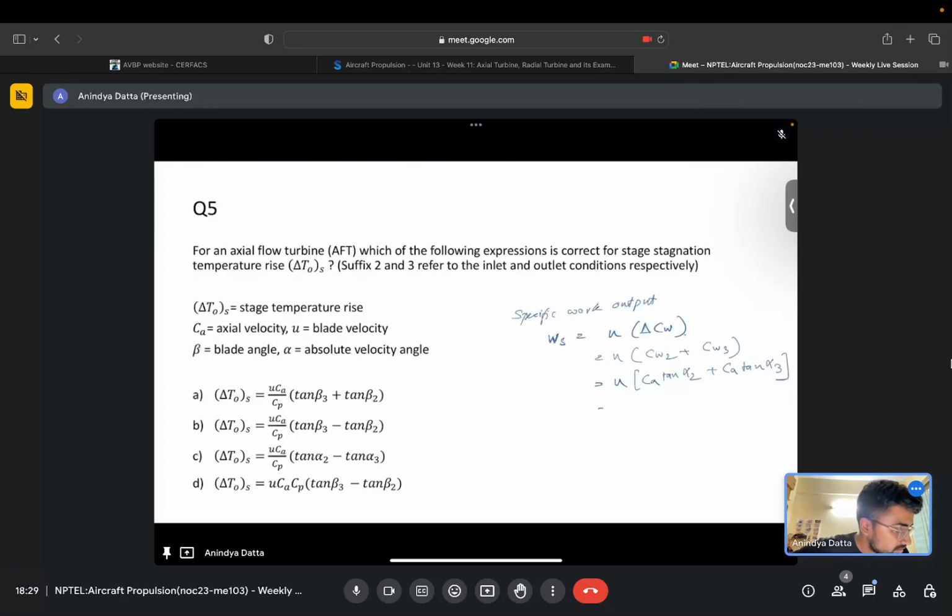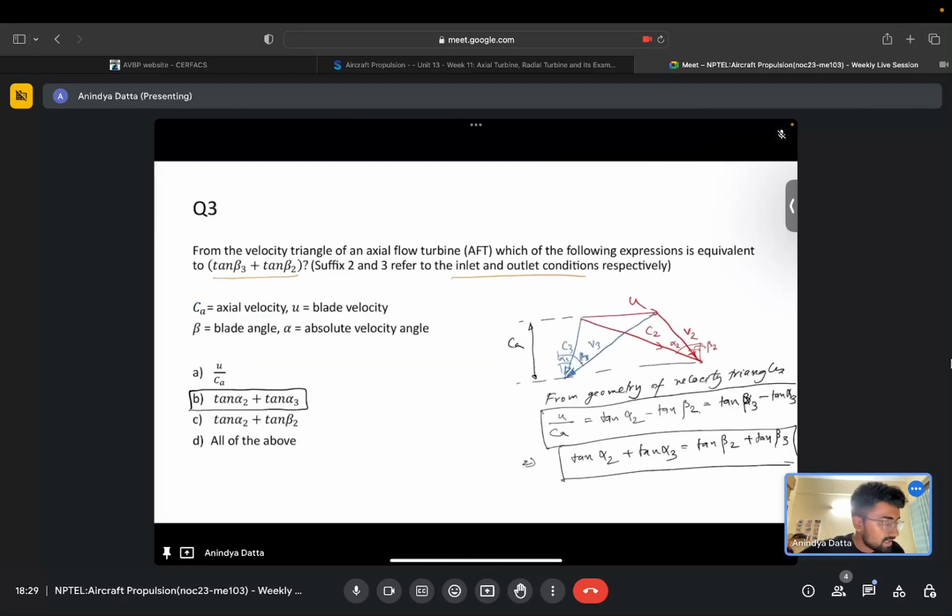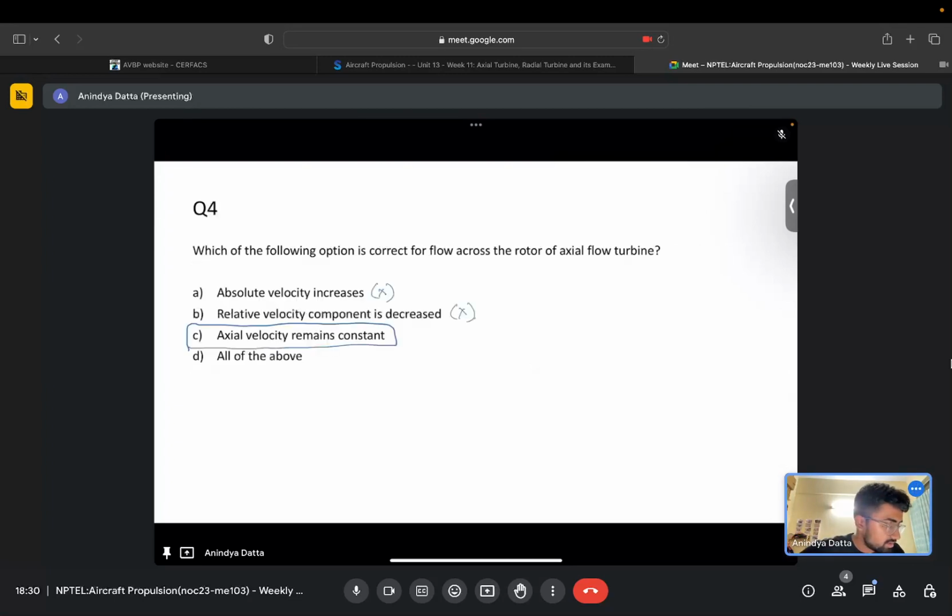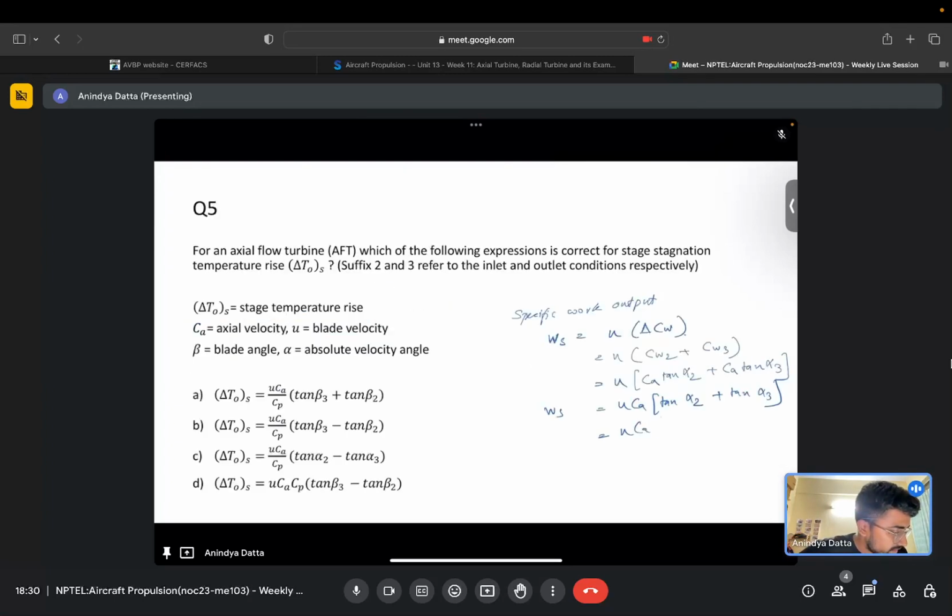So Ws is U Ca (tan alpha 2 plus tan alpha 3). We have also seen from the previous question 3 that tan alpha 2 plus tan alpha 3 is equal to tan beta 2 plus tan beta 3. So you can also write this as U Ca (tan beta 2 plus tan beta 3).